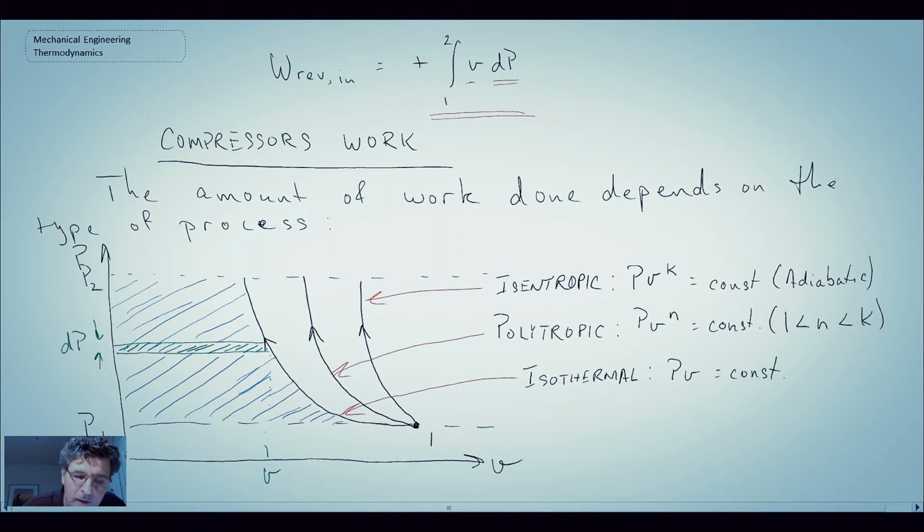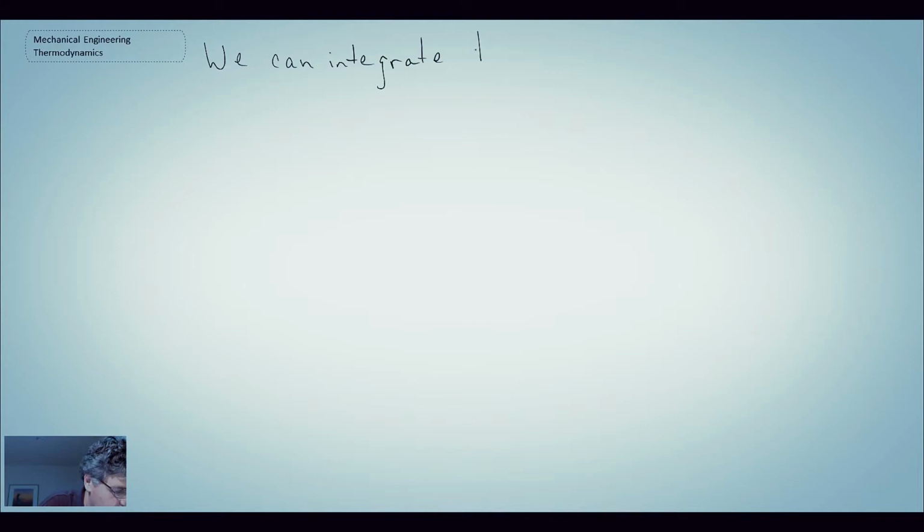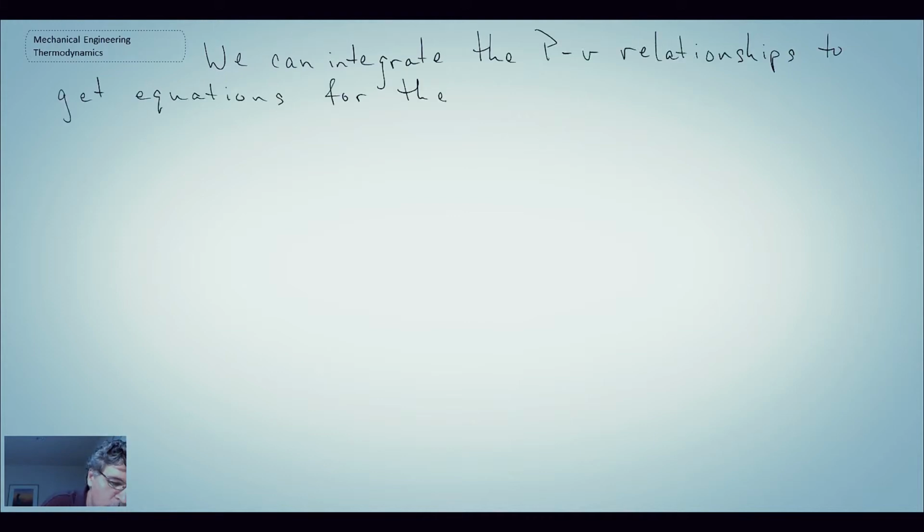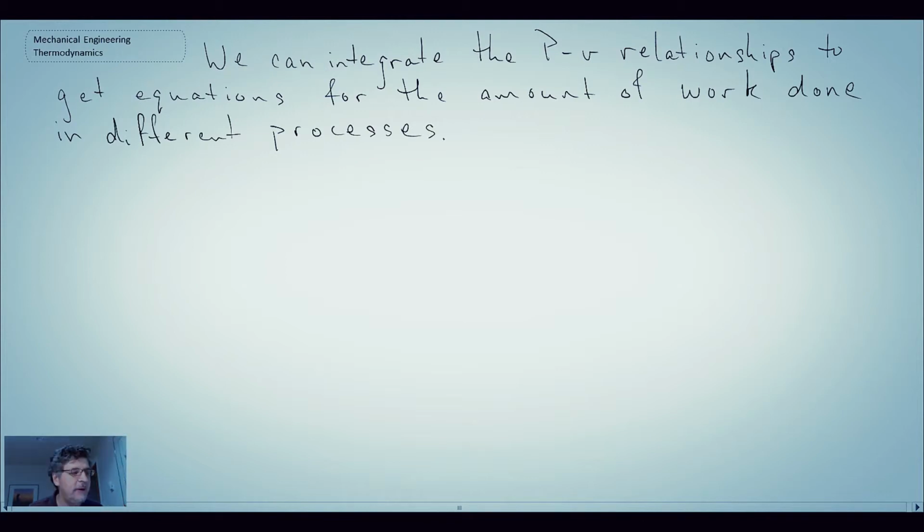Now what we can do is take the different pressure relationships and specific volume relationships and integrate them and come up with expressions for the work for either an isentropic, a polytropic, or an isothermal compression process. I'm not going to do that, however, that is in your textbook. So if we evaluate those integrals, we will get relationships for the amount of work done for different compression processes.